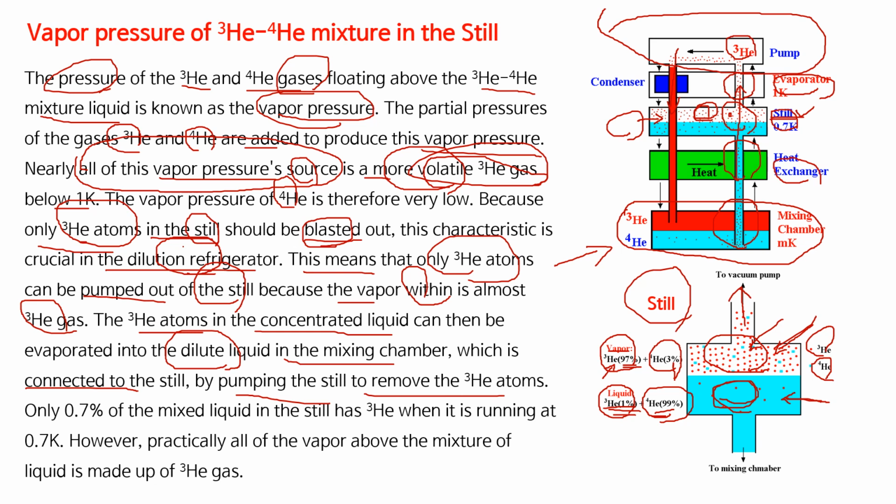So by pumping the still, helium-3 atoms are pumped out. Then the mixing chamber is connected to the still. So in the mixing chamber, helium-3 in the concentrated liquid is evaporated into the dilute liquid. So we can have cooling power.